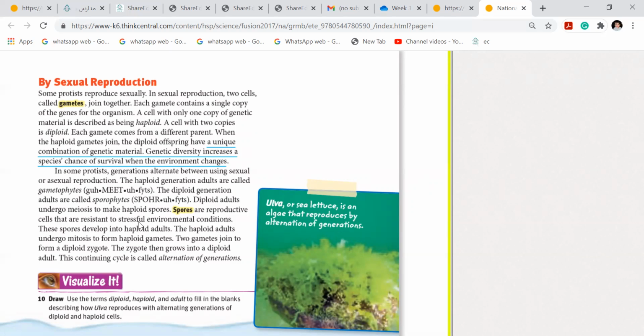Spores are reproductive cells that are resistant to stressful environmental conditions. These spores develop into haploid adults. Haploid here means one copy of genetic material.